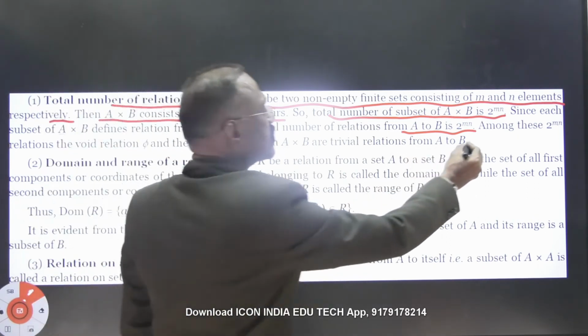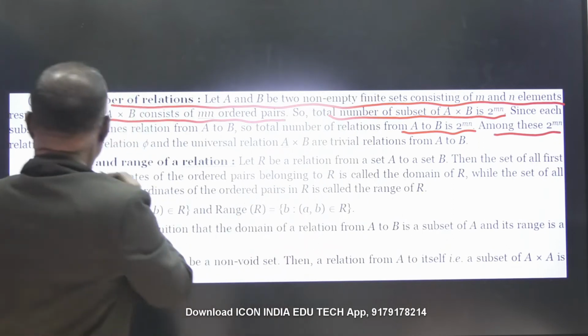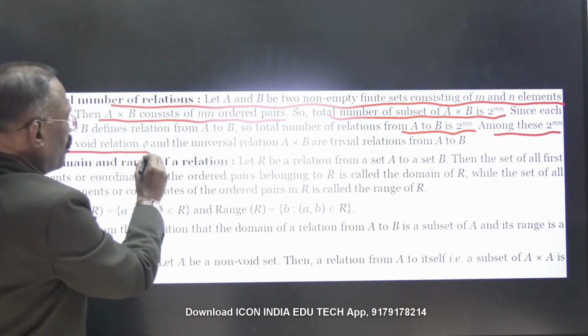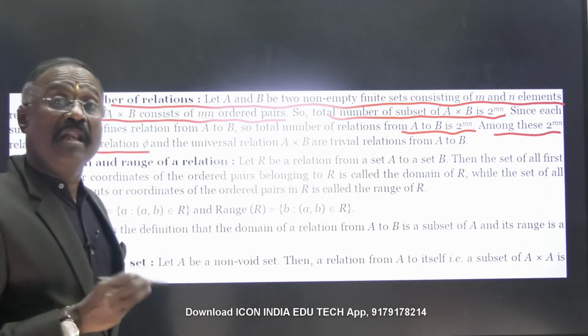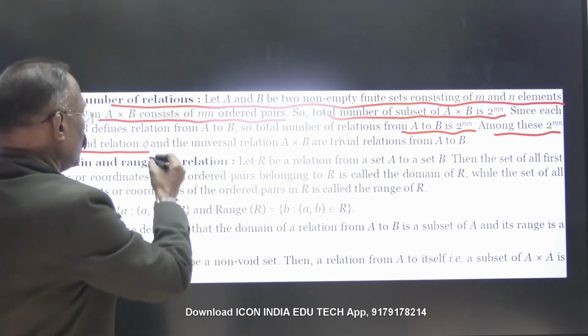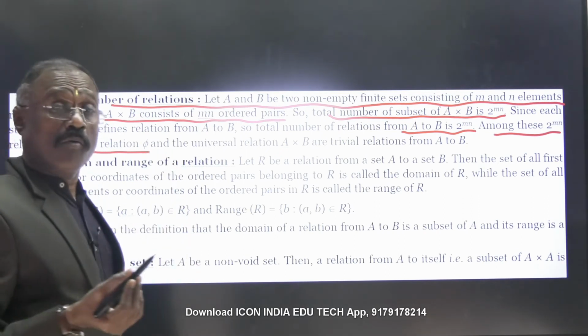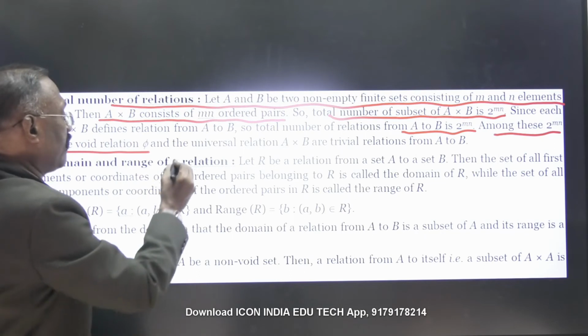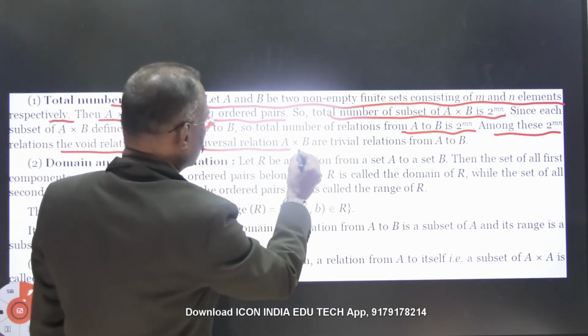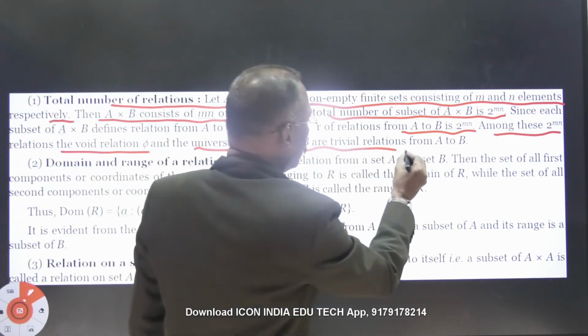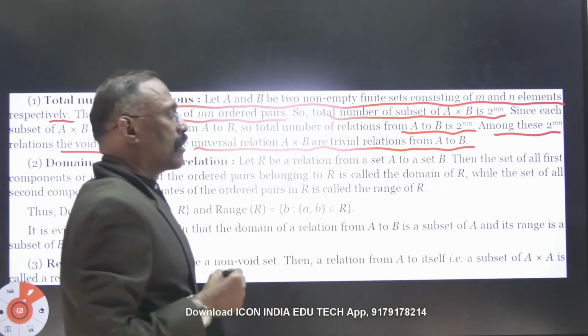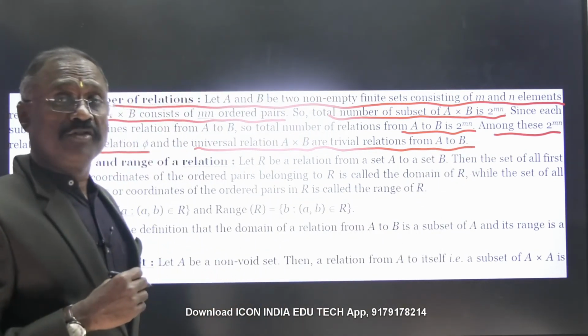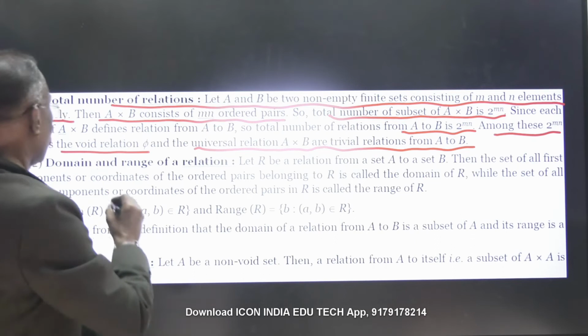Among these 2 power mn relations, the void relation phi, like the null set in set theory, and the universal relation A cross B are said to be trivial relations from A to B.